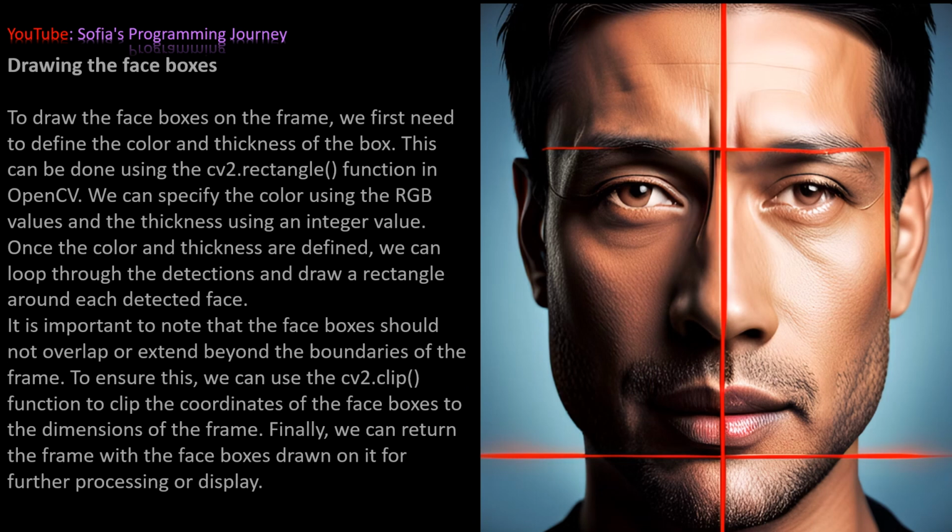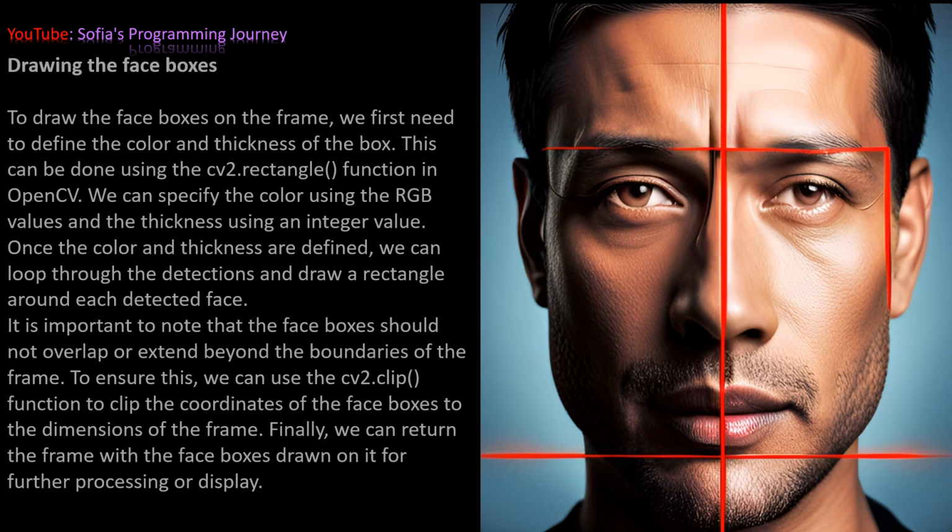To draw the face boxes on the frame, we first need to define the color and thickness of the box. This can be done using the cv2 rectangle function in OpenCV. We can specify the color using the RGB values and the thickness using an integer value. Once the color and thickness are defined, we can loop through the detections and draw a rectangle around each detected face.